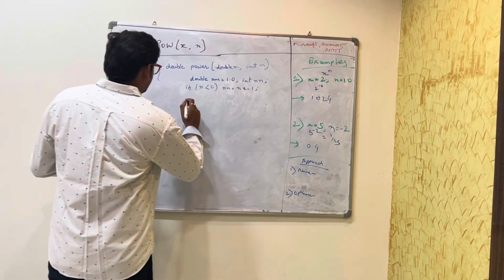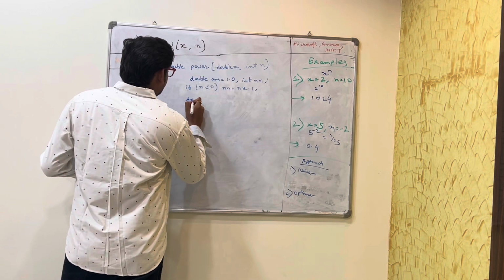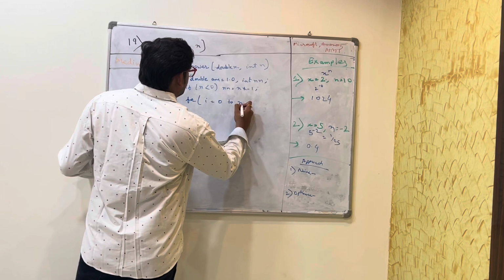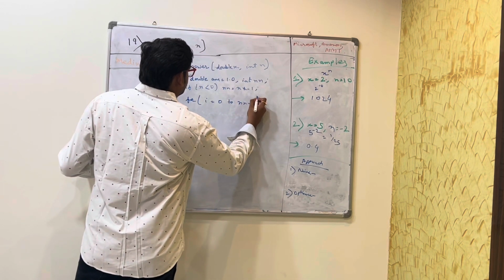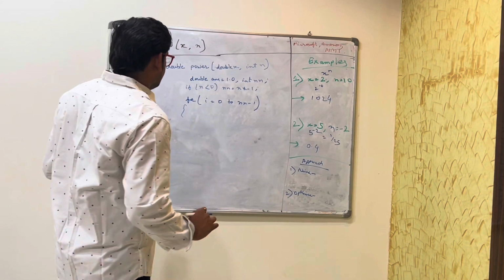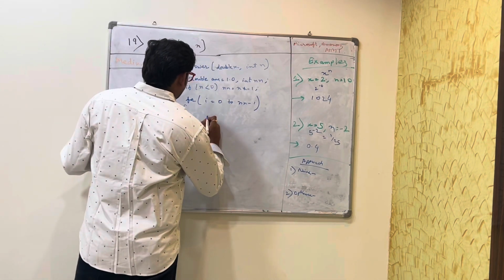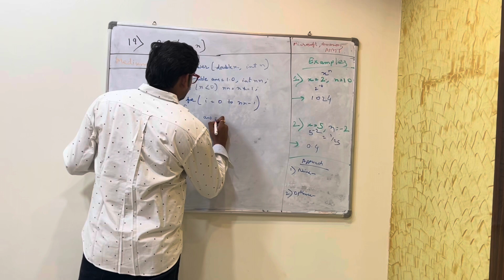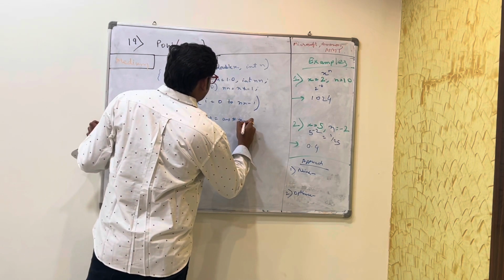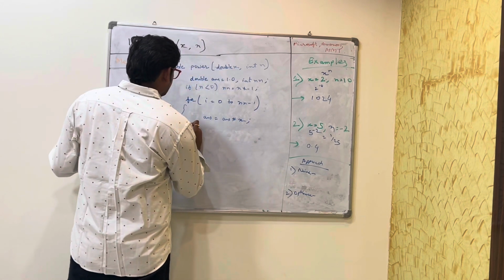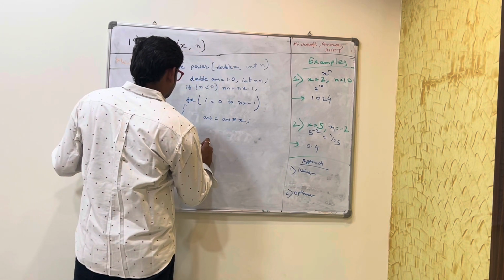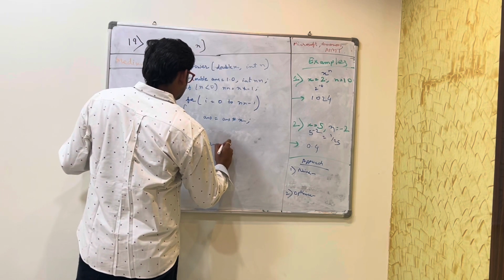Then next, we can simply traverse for i equal to 0 to nn minus 1. So nn will always be a positive number, and we can have answer equal to answer into x, and then we can return answer, right?